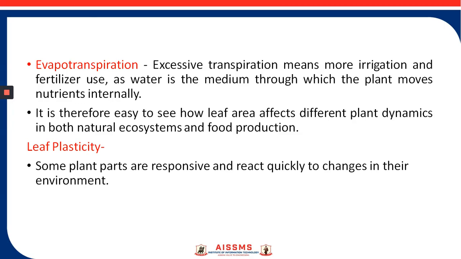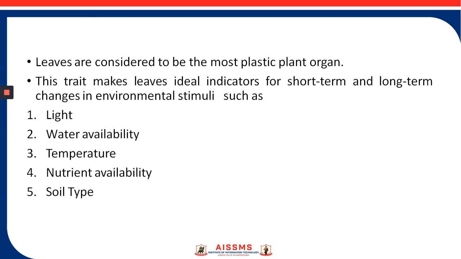So what is leaf plasticity? Some parts of the plant react quickly to changes in the environmental conditions, and out of those, the leaf is the most responsive part. The leaves are considered to be the most plastic plant organ.